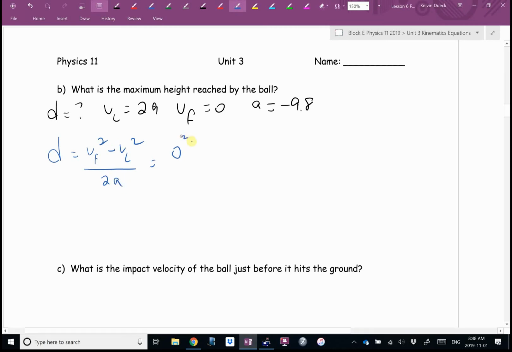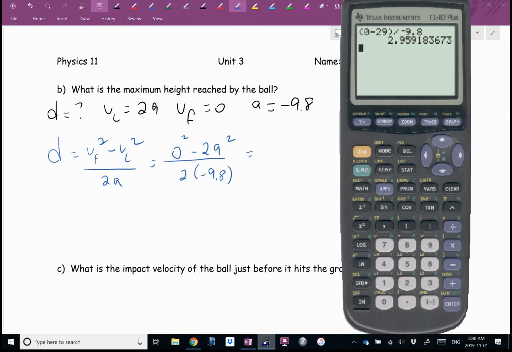0 squared minus 29 squared all over 2 times negative 9.8. So I can tell you not only how long it's going to take to get to the top, I can tell you how high it's going to go.